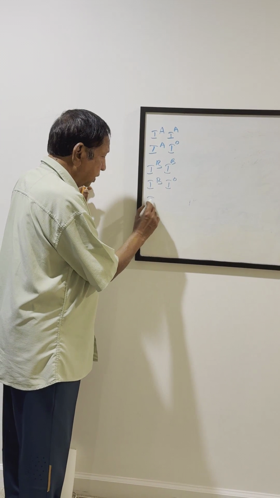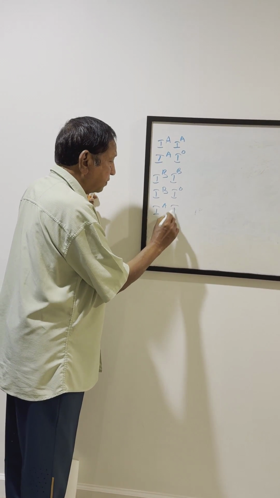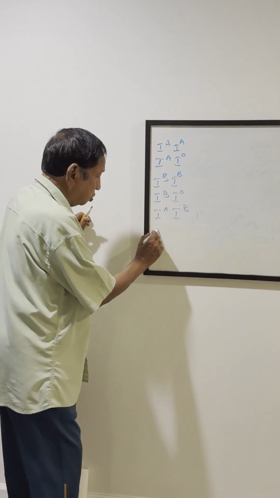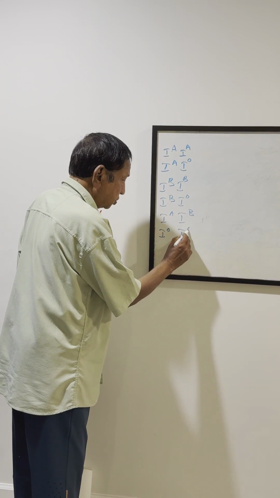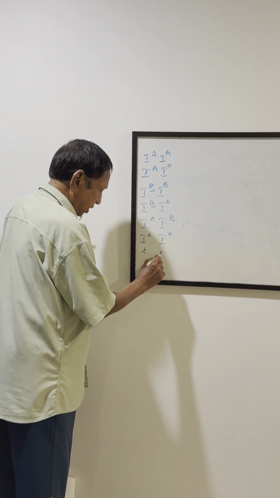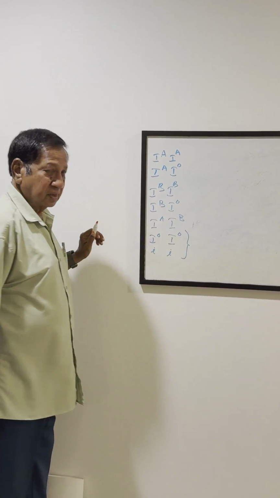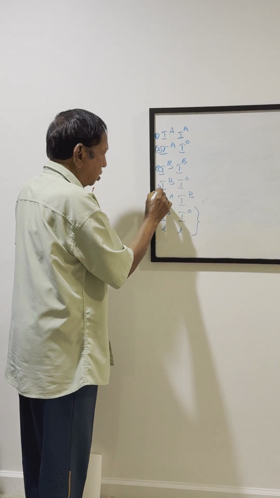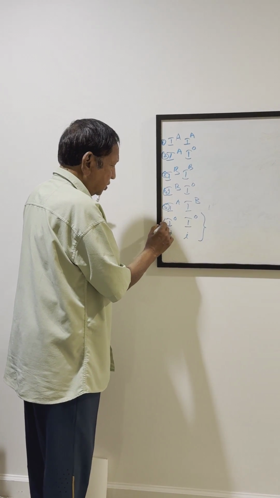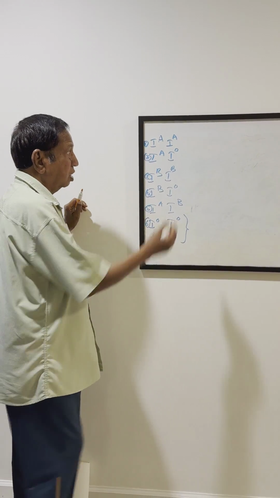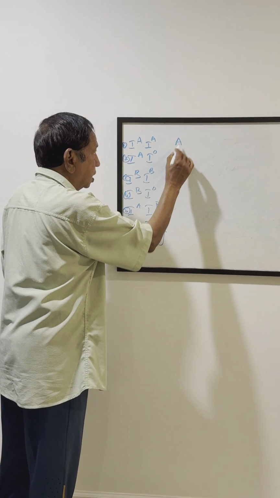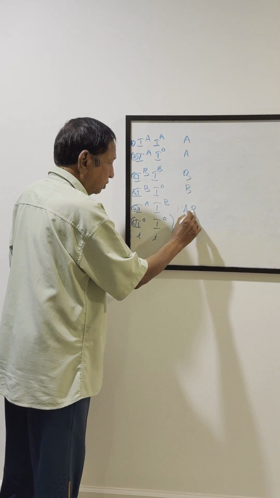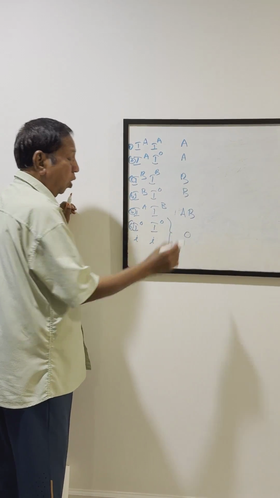The AB group has the genotype A and B. The O group has this genotype, which may also be represented like this. So altogether, 1, 2, 3, 4, 5, 6: 6 genotypes are there with reference to blood groups A, B, AB, and O.